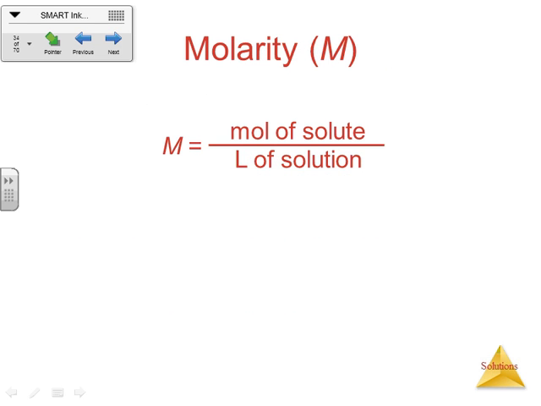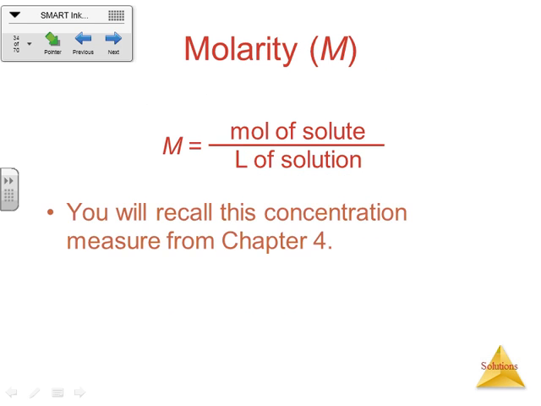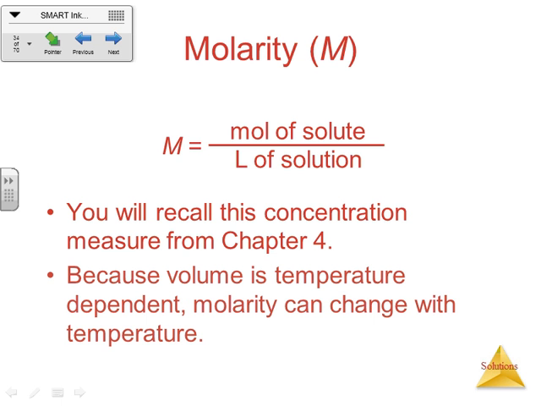Okay, molarity, we don't need to talk about that one too much either because we talked about that in chapter 4 in the book when we talked about aqueous solutions. But here's the one main problem with molarity as a measure of concentration. It's temperature dependent, okay? You change the temperature, you change your concentration.